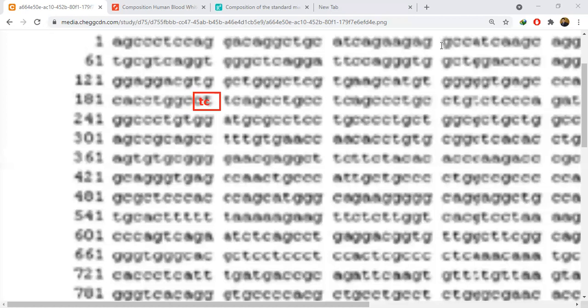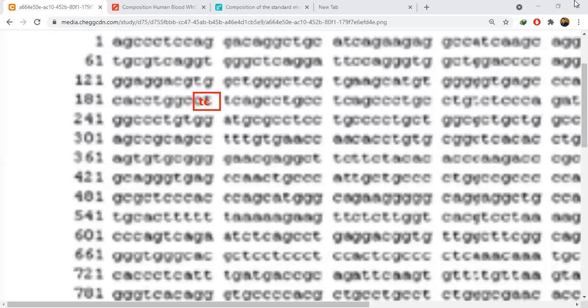Genes mean a set of nitrogen bases placed in a particular order.